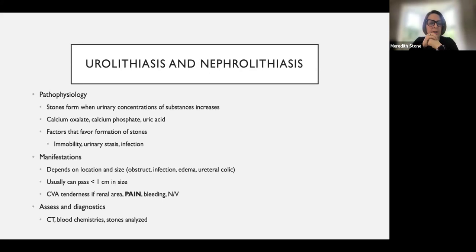People who are not mobile, people who have a lot of urinary stasis, people with infection are susceptible to the formation of stones. There are a lot of different types of stones. You can see here calcium oxalate, calcium phosphate, uric acid. Those are the different types of stones. Now, most of the time, regardless of the type of stone, the symptoms are still going to be the same, okay?